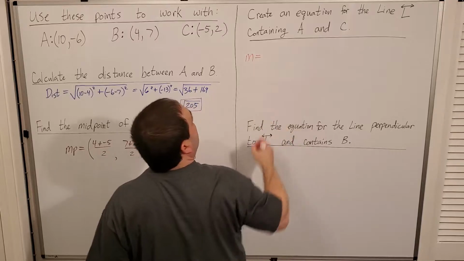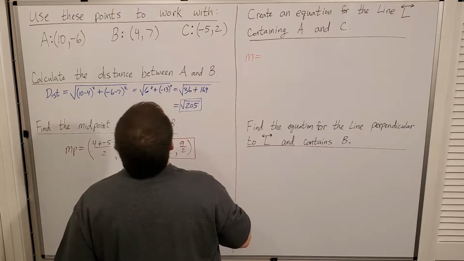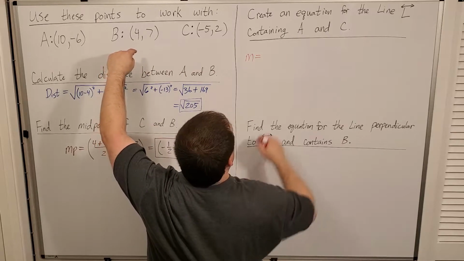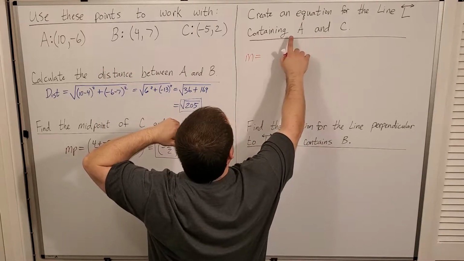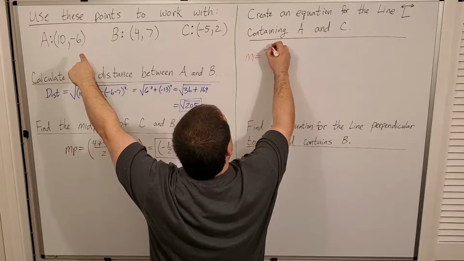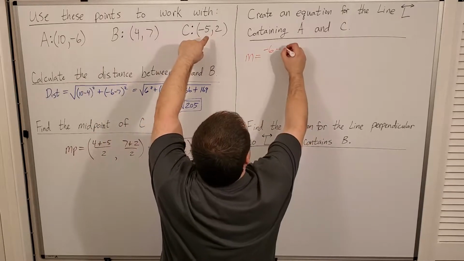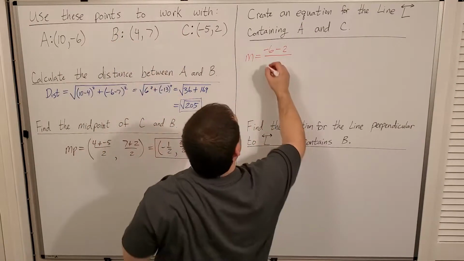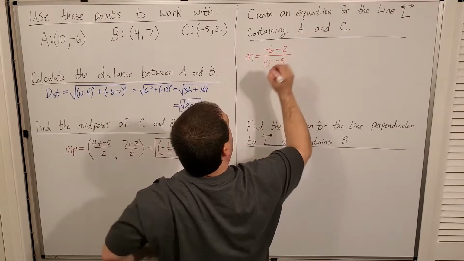The slope of my line, m, is going to be y minus y over x minus x. Okay, so point A, I've got negative 6 minus 2 over 10 minus negative 5.